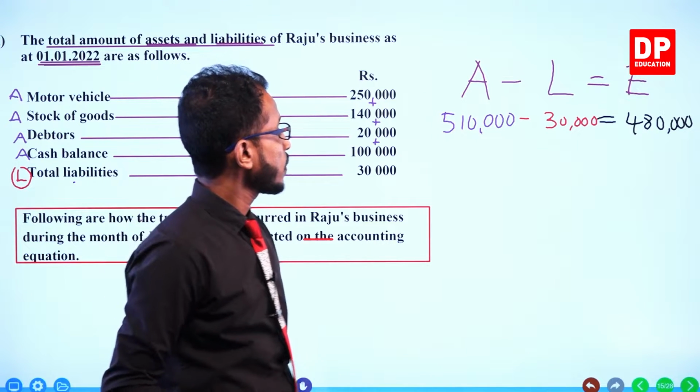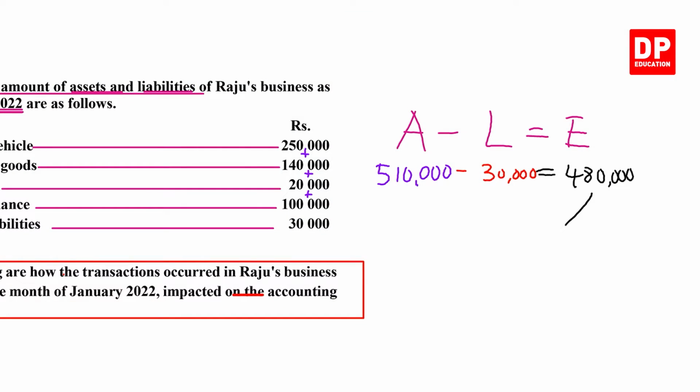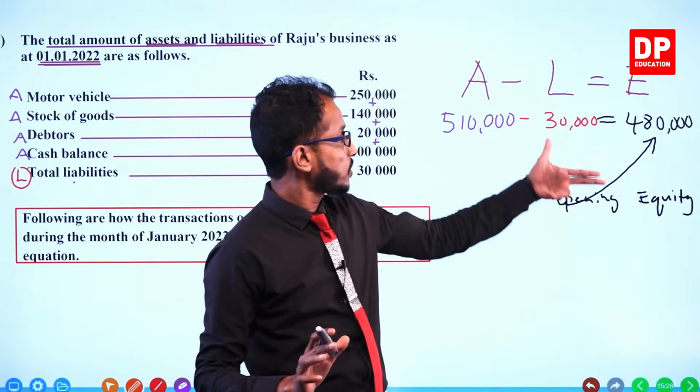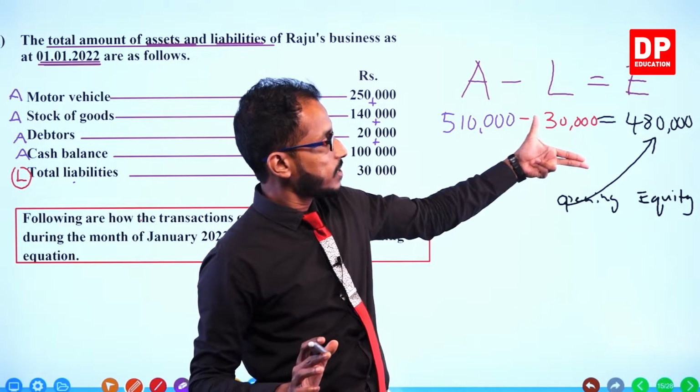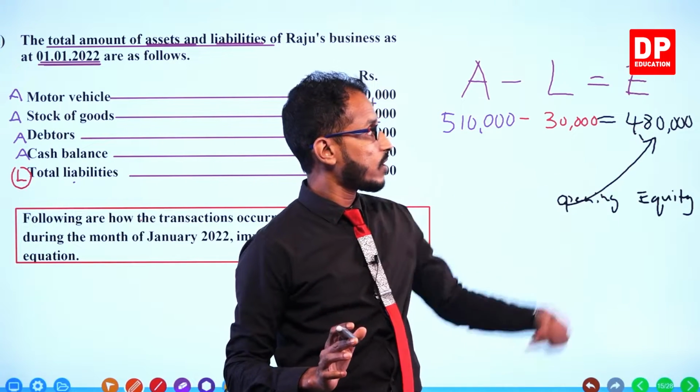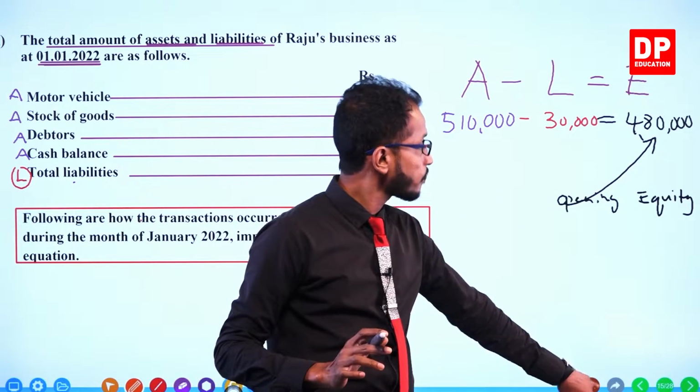480. Okay. This is the opening equity. When you opened the business on 1st of January, you had this much of assets minus liabilities and that much of equity, 480,000.